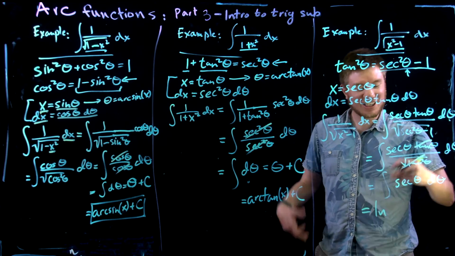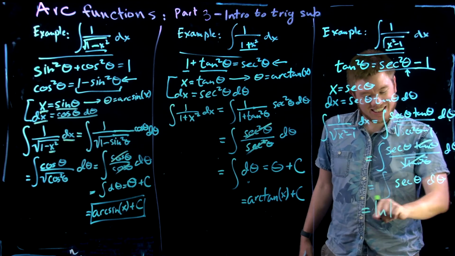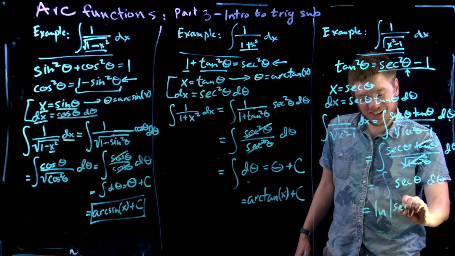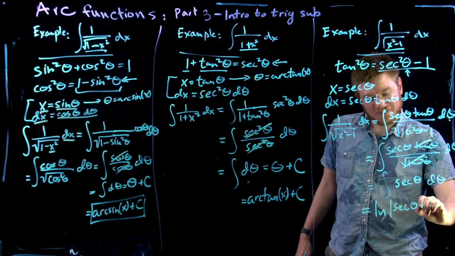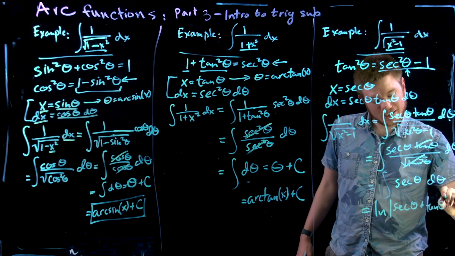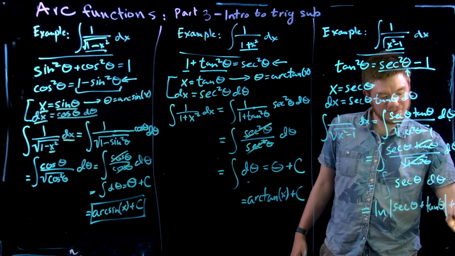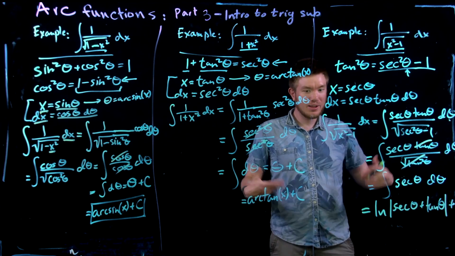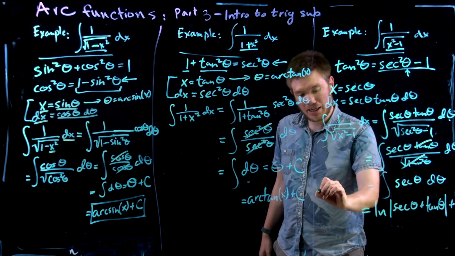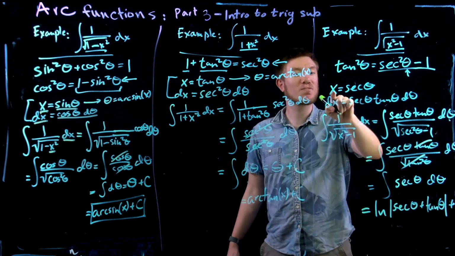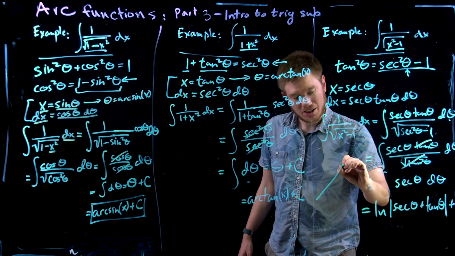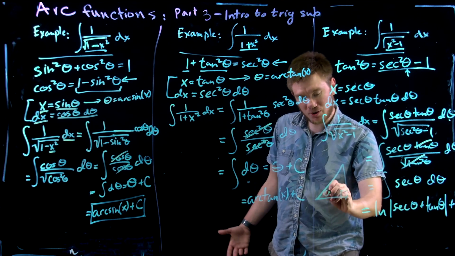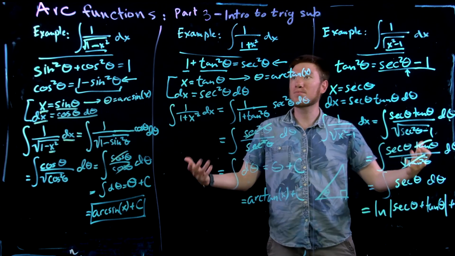Right, so the integral of secant we know is the natural log of the absolute value of secant theta plus tan theta, plus c. And at this point, we're not done, because we still want our answer in terms of x. So we have to make our right triangle, just like we did in part 1.